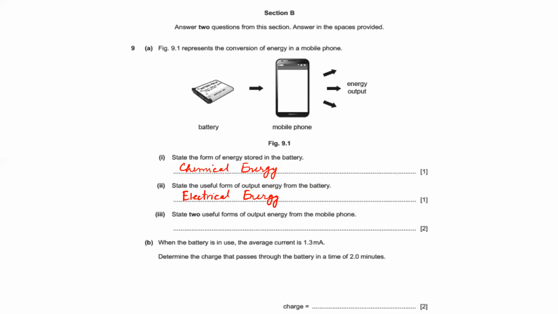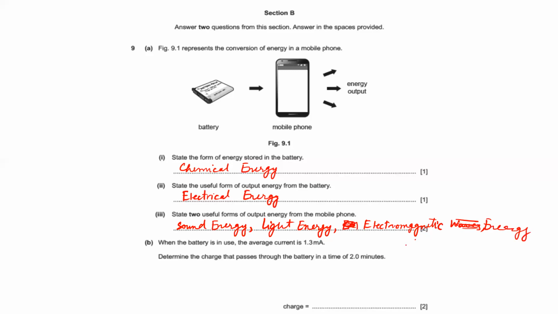State two useful forms of output energy from the mobile phone. From this mobile phone, what are the useful forms of energy? We can hear sound, so sound energy. We can see light, which is another form of energy. We can have electromagnetic waves, electromagnetic energy.